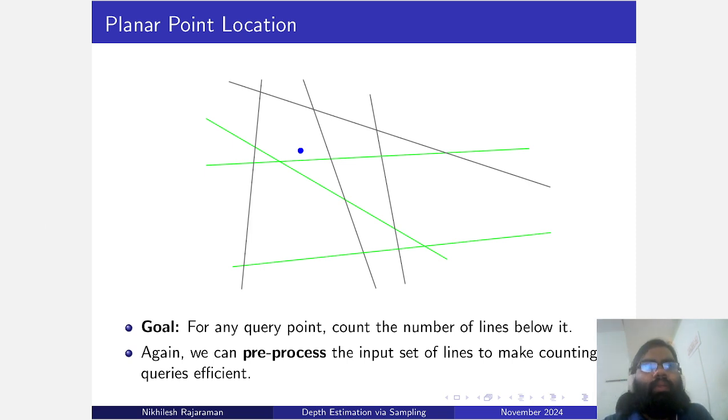Okay, fine. So we've looked at these two problems. The first was this range counting problem, where given a range, we want to count how many points lie inside it. And then this point location problem, which basically comes down to, given a query point, counting how many lines lie below the point. Now these two problems may appear to be cosmetically different, but despite that, it's quite clear that they share a lot of similarities.